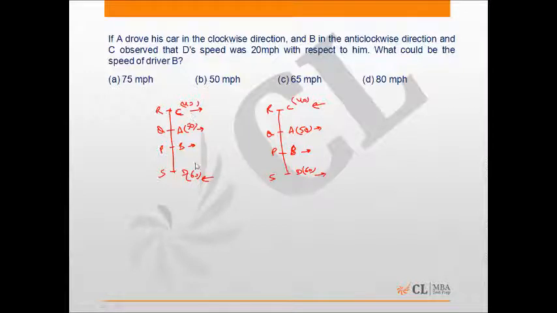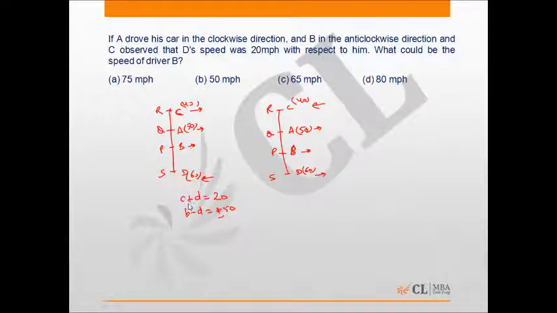Now in this case, because they are moving in opposite directions, C plus D has to be 20. Right. Now as compared to B, B minus A or A minus B is 50, so it will be plus minus 50. And B and C are moving in the same direction.